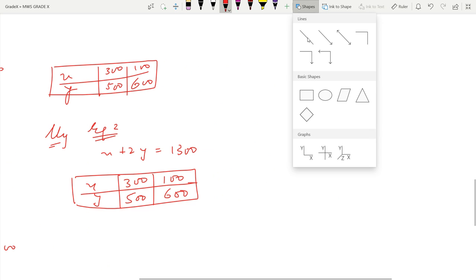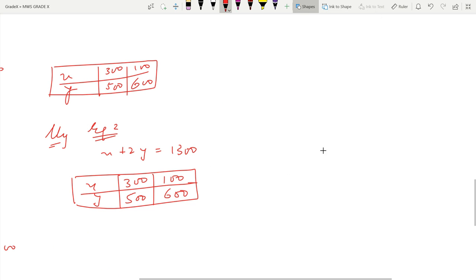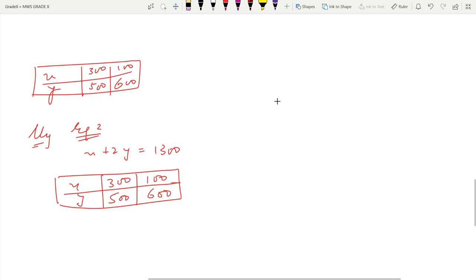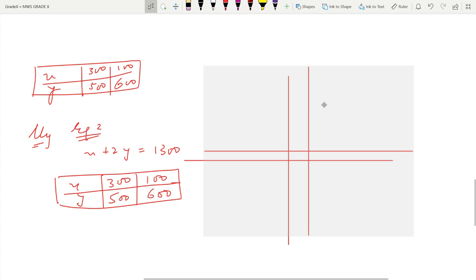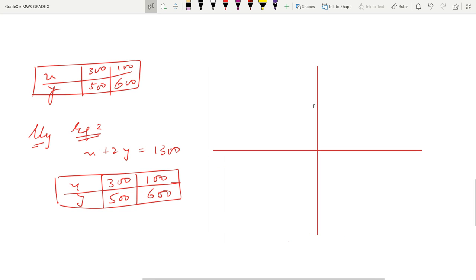Now let us make the graph, as it is all positive. Starting with this graph, let me take equal measures for the gaps here.